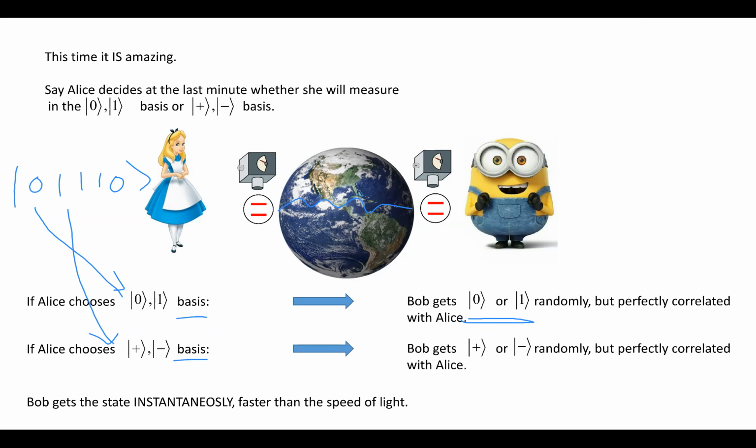And if Bob could do that, then we have a way of doing superluminal communication, and that sounds really awesome.